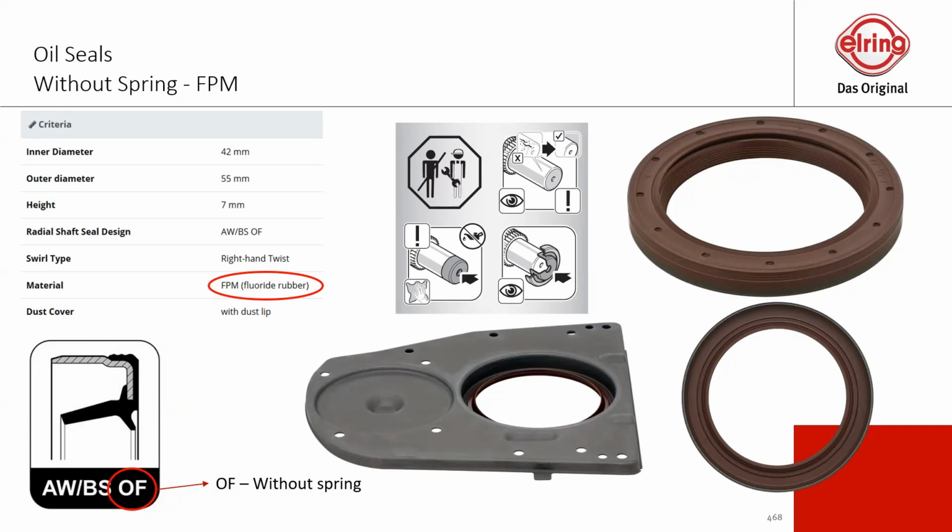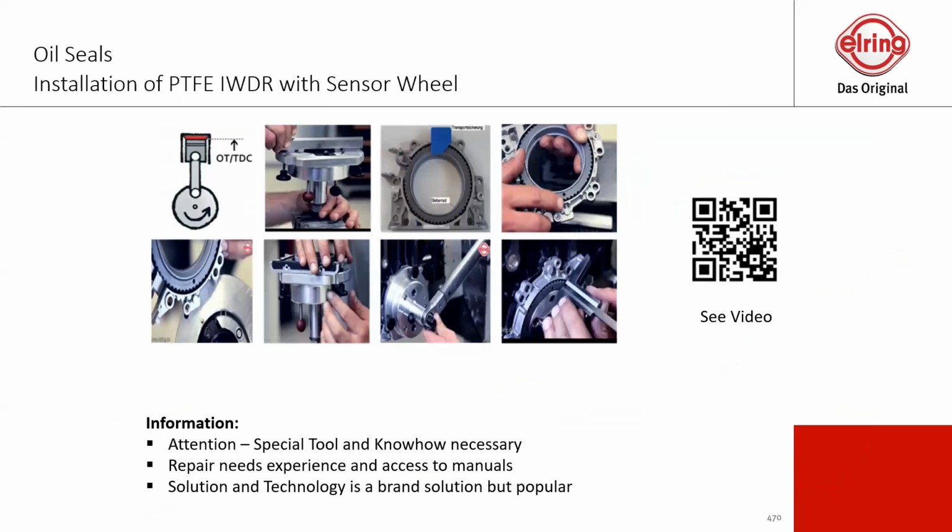The oil seals you also know with the sensor ring inside, also used as PTFE, are well known for VAG models like Volkswagen, Seat, Skoda, Audi. They're using this kind of technology. It's, I think, still well known. You need some special tools.